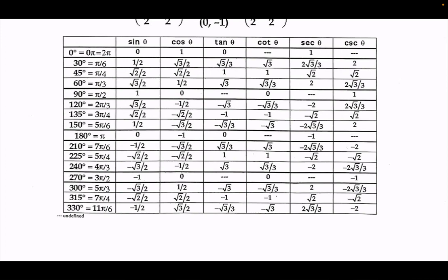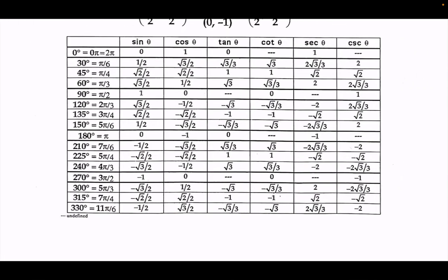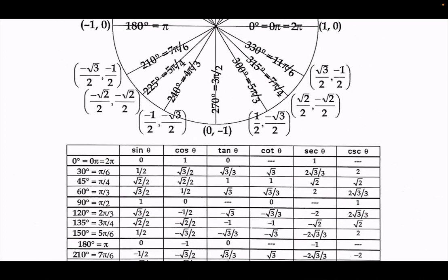Same thing with sine. Tangent has some undefined values. Cotangent has some undefined values. Secant, undefined. Cosecant, undefined. But cosine and sine don't have any undefined values. They're defined everywhere. Undefined on a graph would look like an asymptote.